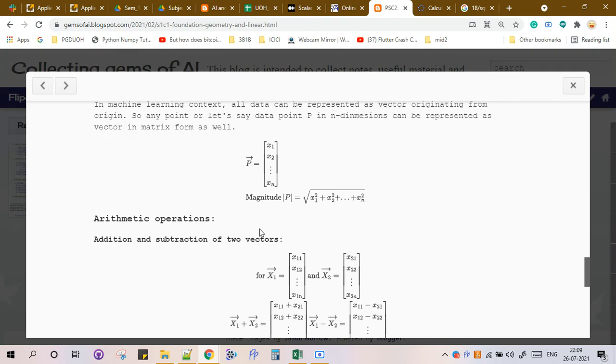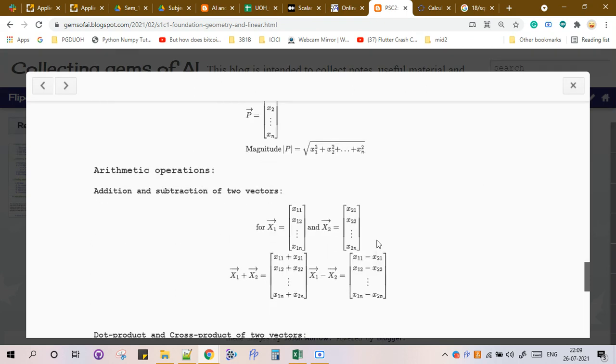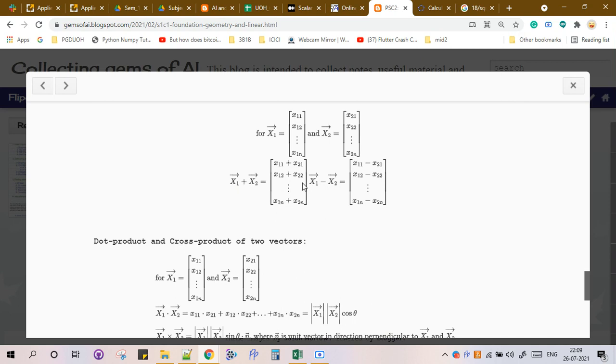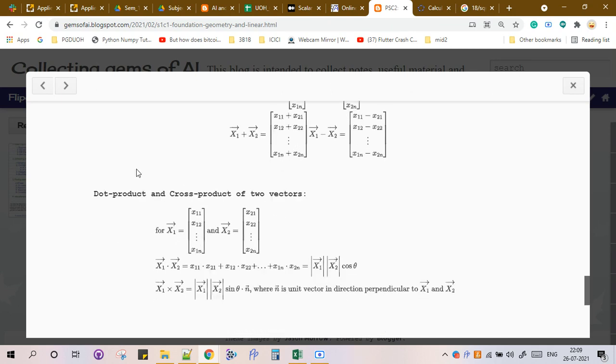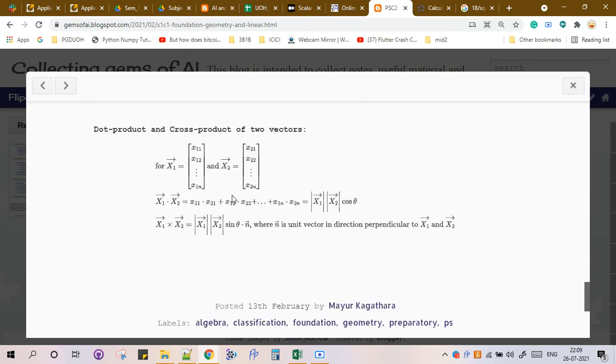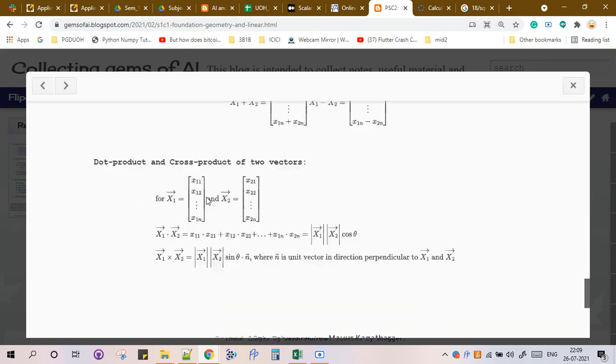Correct. And we have some arithmetic operations. Plus and minus are boring, we just need to take the summation, or subtraction, pairwise: x11 x21, x12 x22, like that. And this is interesting, the dot product, right? Because this dot product is really easy. What we are doing is just taking the multiplication side by side.